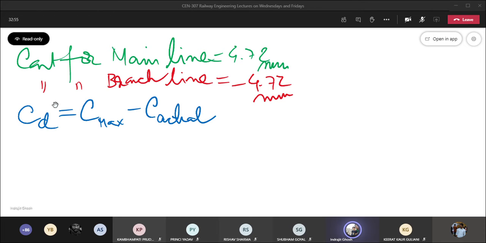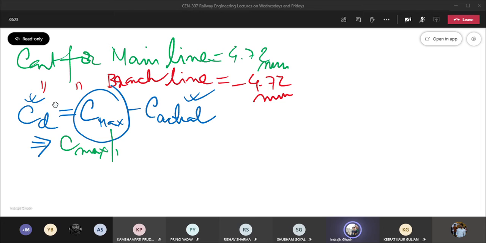I am asking what is the maximum speed with which a train can travel along the branch line. For that, you need the value of C max for the branch line. How will we get that? We have C actual, and we know CD for broad gauge. We can easily get C max for the branch line: CD plus C actual.